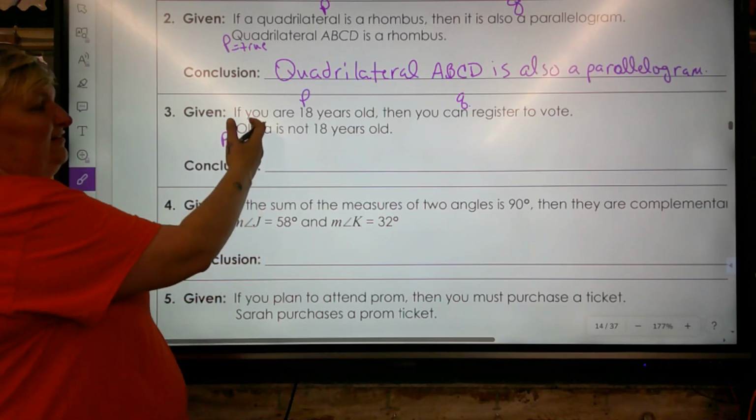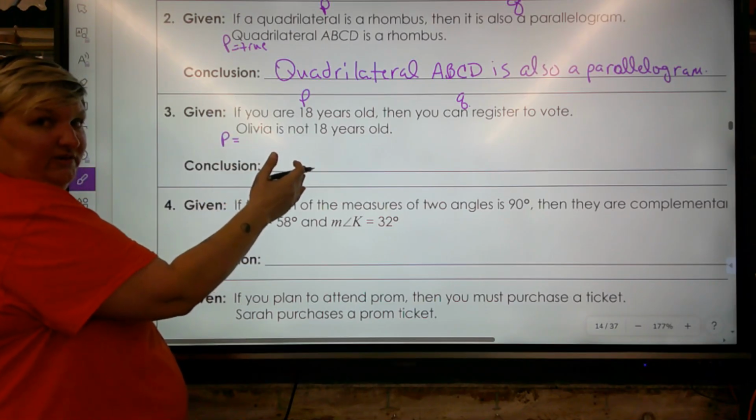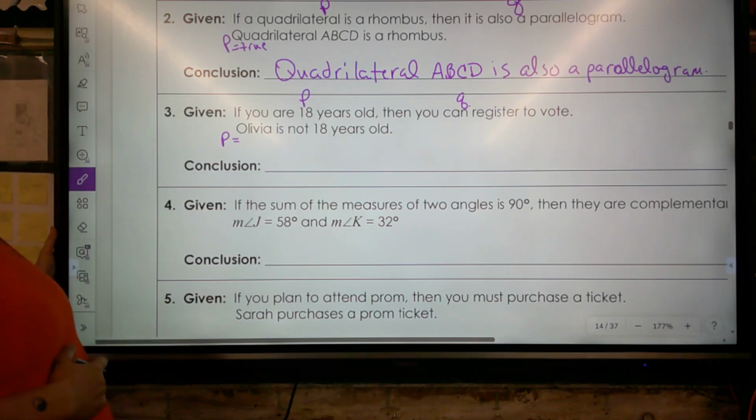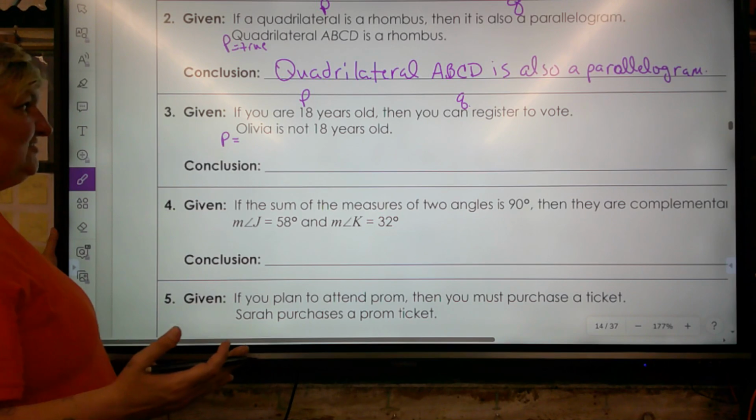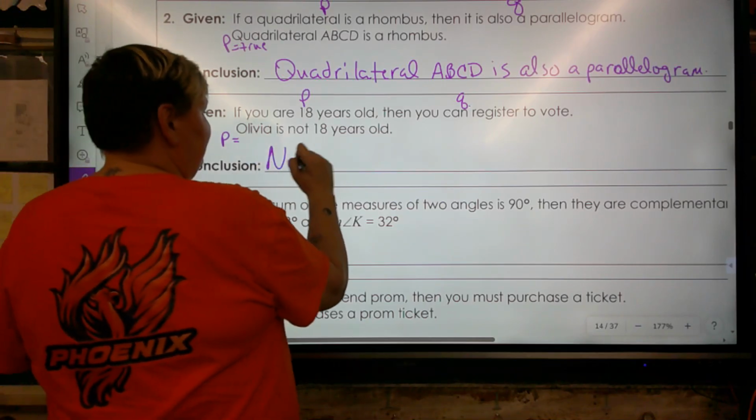If they had said Olivia is not yet 18 years old, then you could say she's too young to vote. But they didn't give us that evidence. So we have to put no valid conclusion.